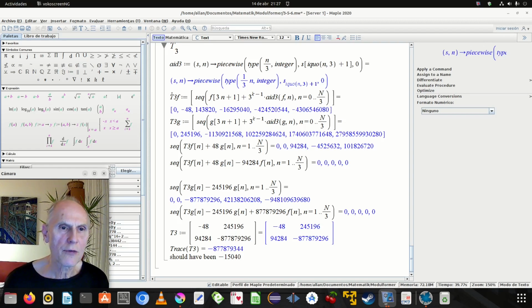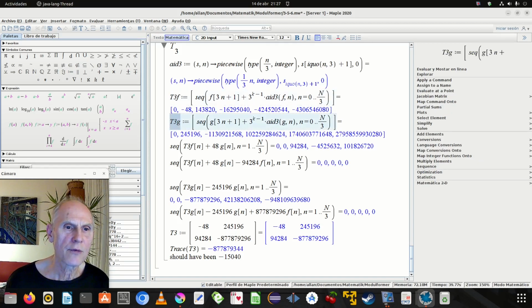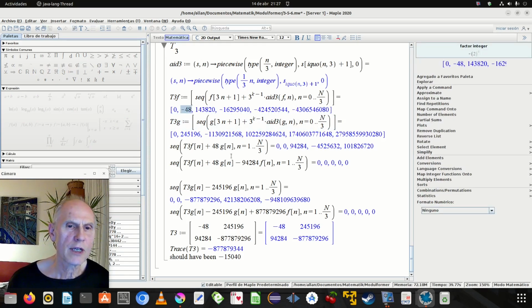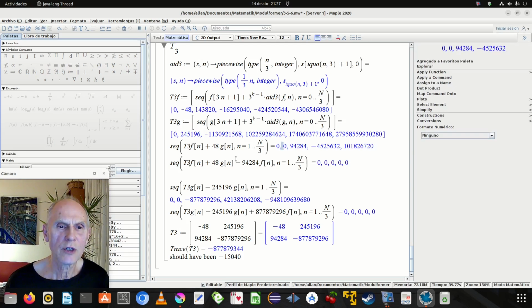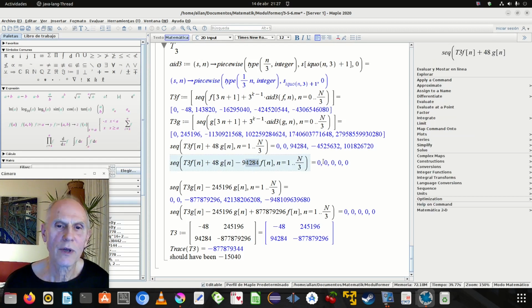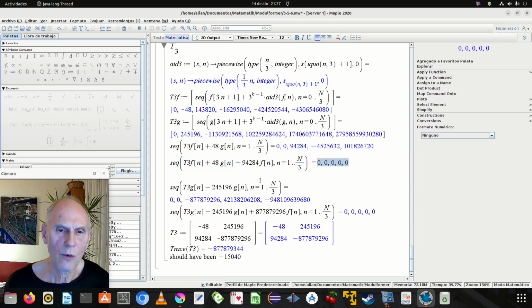Well, T3 of F and T3 of G are computed. And first we add 48G, then that vanishes. And then we subtract 94,284 times F, and then all coefficients vanish.